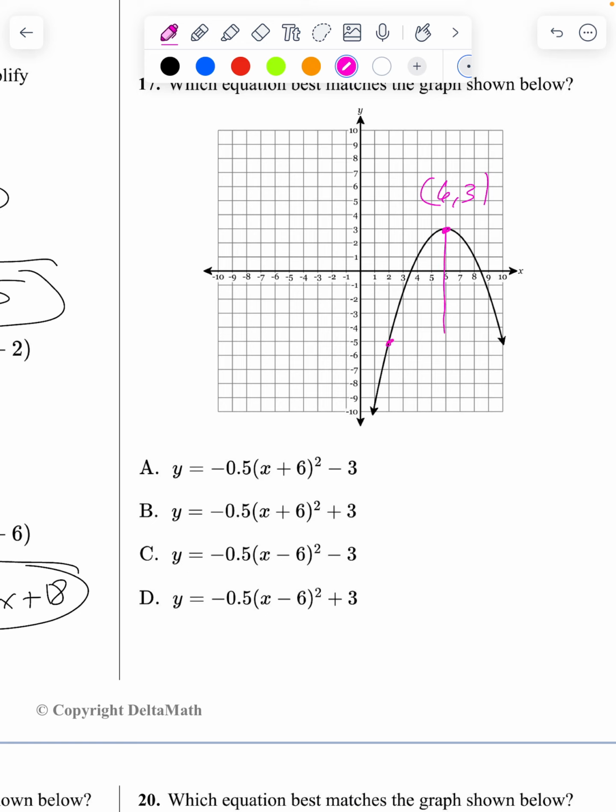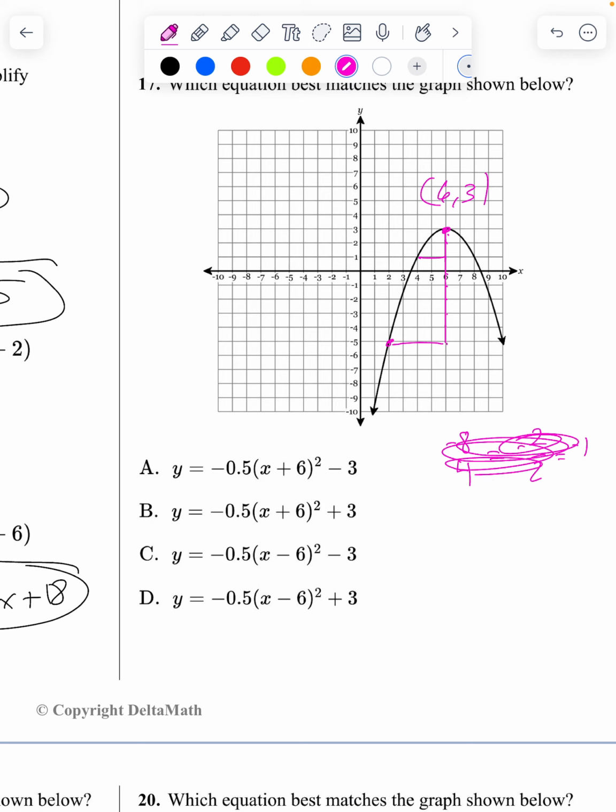It looks like it goes down 1, 2, 3, 4, 5, 6, 7, 8, down 8, and then over 4, which probably means it just goes down 2 over 2. It doesn't look right. Yeah, so this would be negative 1, 0.5. I was wrong.